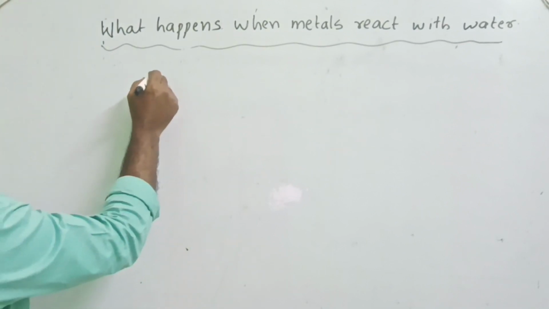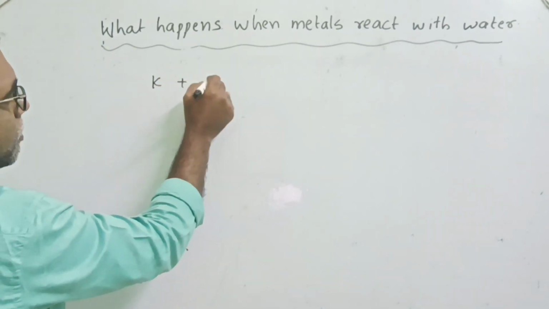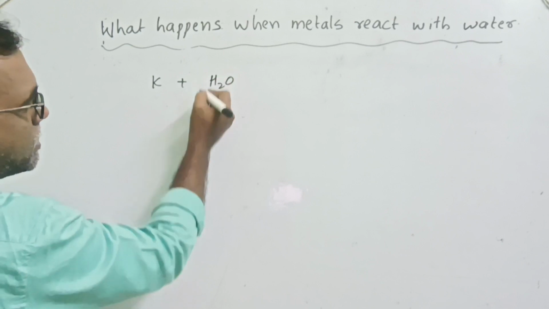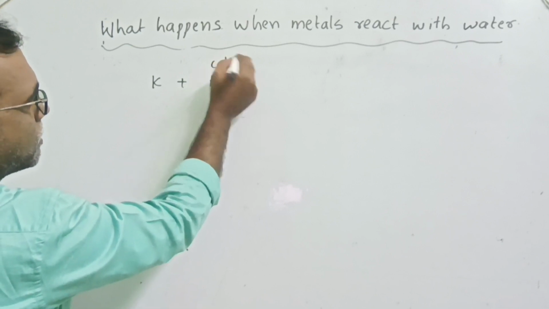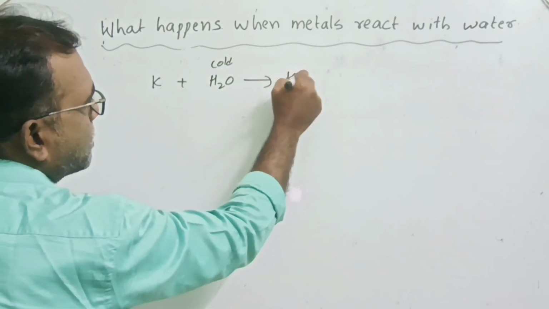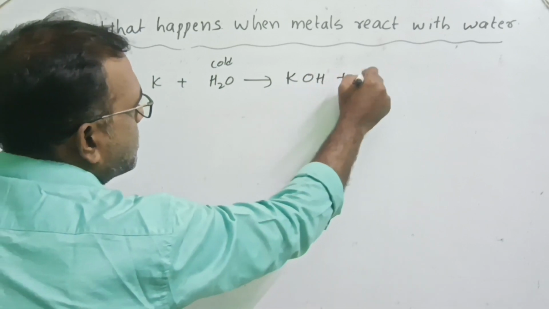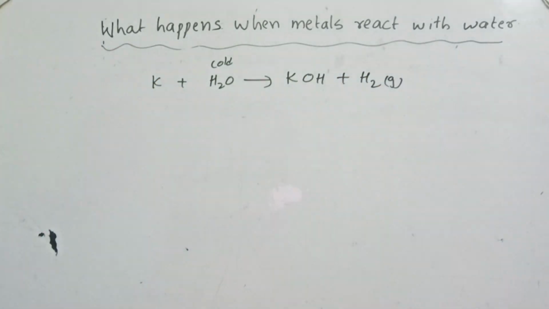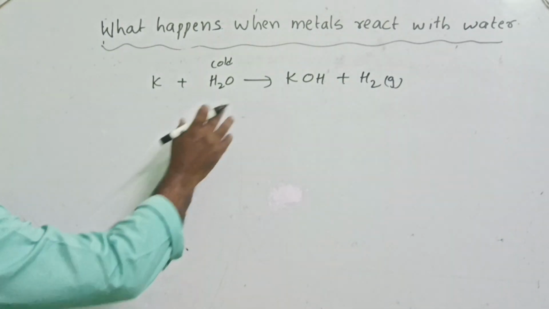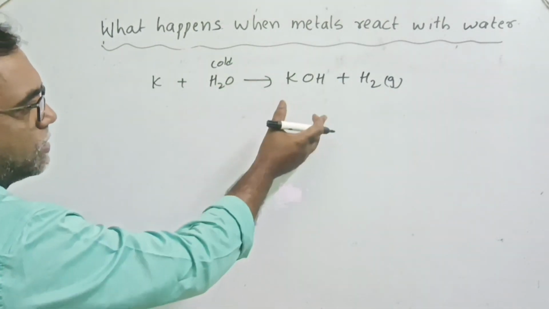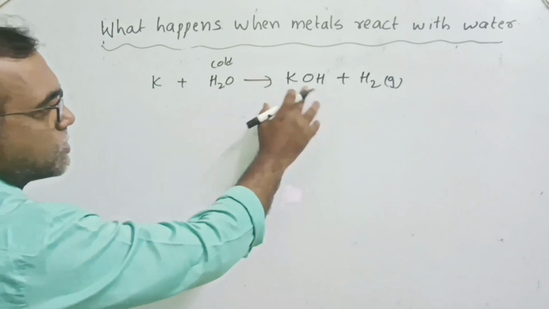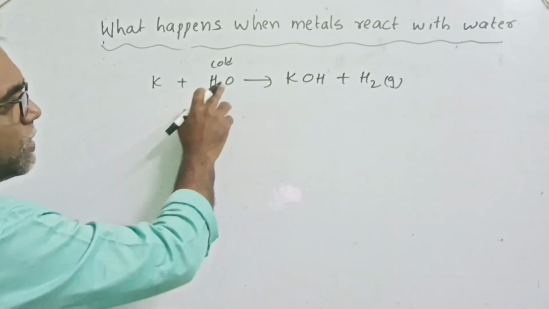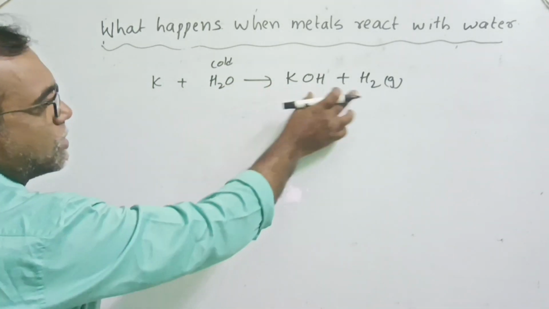Here potassium reacts with water. Which water is it reacted with? It reacts with cold water and forms potassium hydroxide and releases hydrogen gas. Okay, so we need to balance this equation. How will you balance? Here the hydrogen atoms are different. The number of oxygen atoms is okay, but hydrogen atoms are 3.